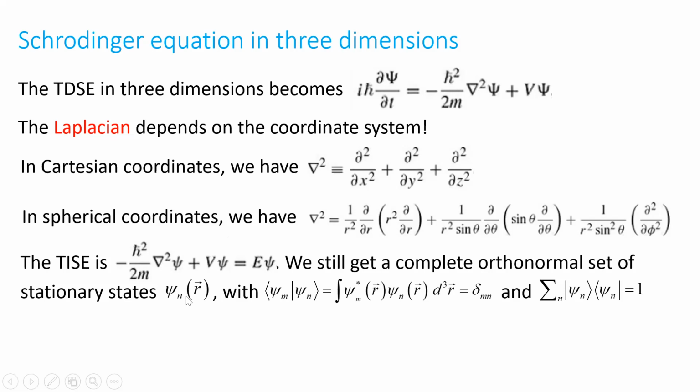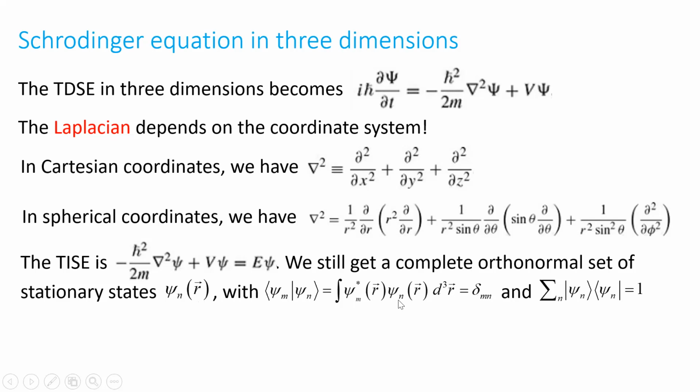lowercase psi n of r, with n being the index for the stationary states. And what we mean by orthonormal, just to review, is that the inner product of psi m and psi n, which would be given by this integral of psi m star psi n over now the volume element, since we're in 3 dimensions, would be equal to delta mn. Meaning that if m is equal to n, we have the normalization integral for psi n, which would give 1.